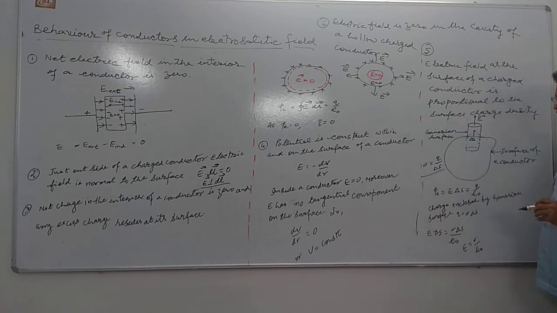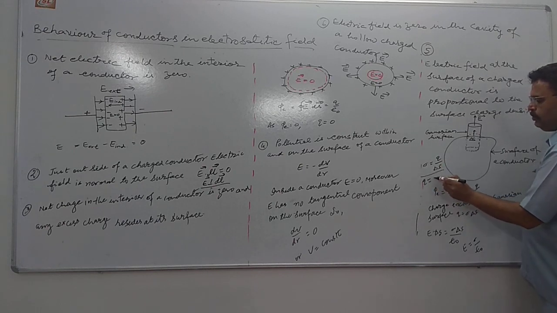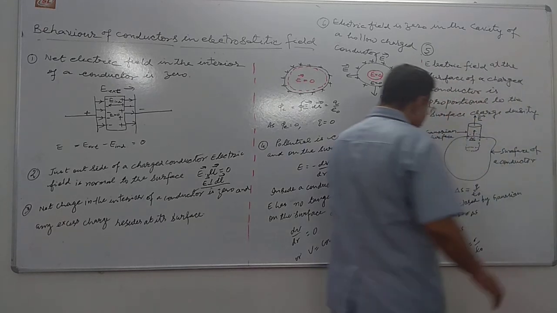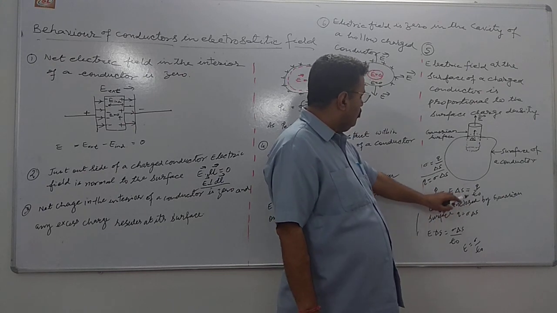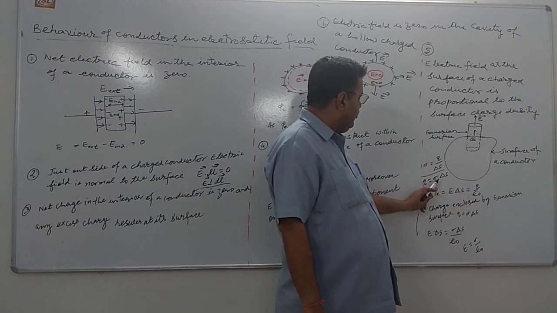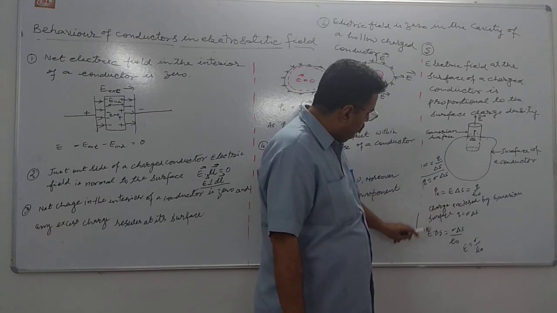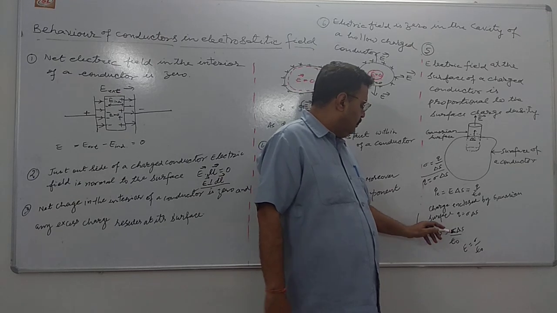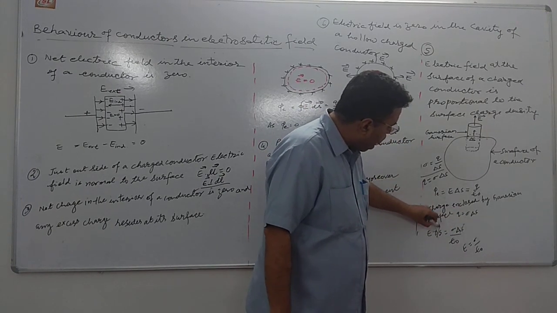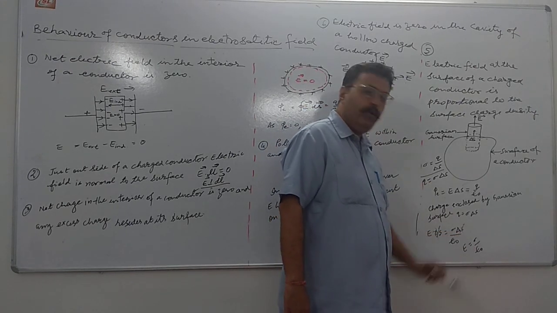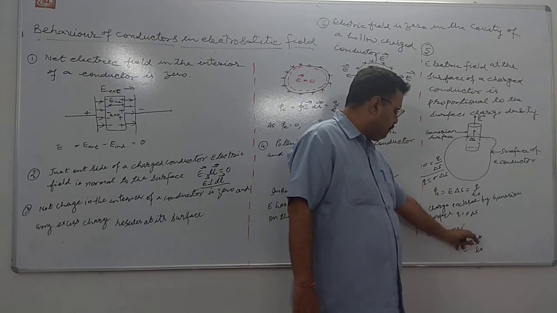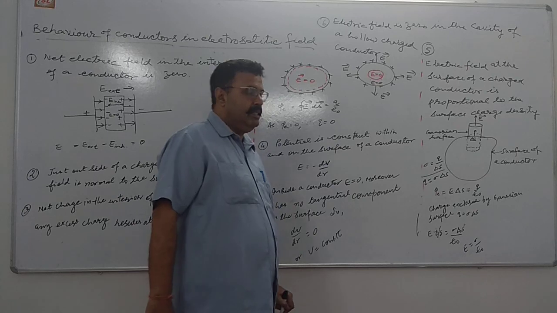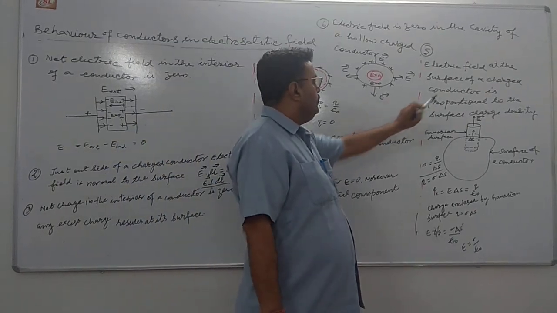From this, Q equals sigma del S. Therefore E del S equals sigma del S upon epsilon naught. The del S cancels out, and we get E equals sigma upon epsilon naught, or E is proportional to sigma, meaning E is proportional to surface charge density. This we have proved, as required in this point.